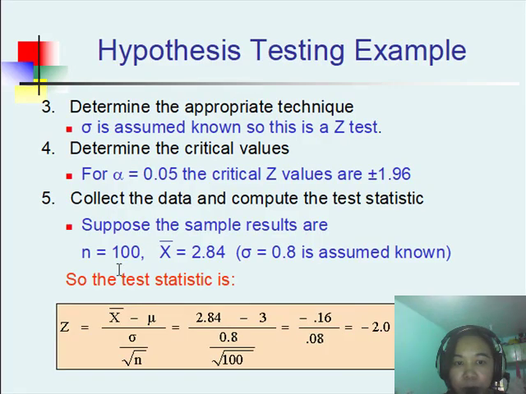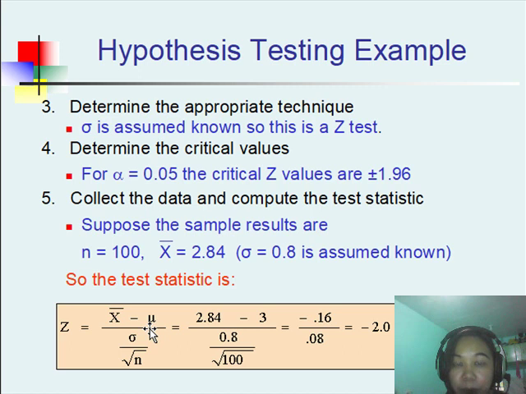Okay, we now move on to our fifth step. Given that your n is 100, and given that your sample mean is 2.84, take note that this sample mean is also given in the problem, and the population standard deviation is also given, which is 0.8. Then we simply substitute the given values into the formula. X bar is 2.84.